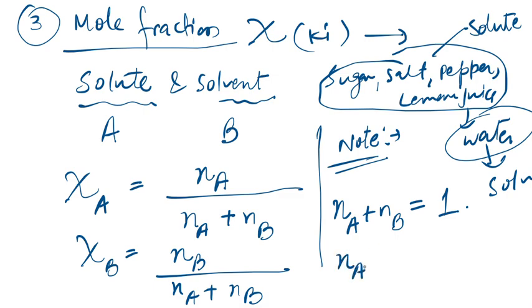Even if there are three components, Na plus Nb plus Nc plus so on, कितने भी component इसमें डाले हो आपने, कितने भी substances डाले हो, तो उनका sum हमेशा 1 ही आएगा approximately. It may be 0.99, that is again equal to 1 almost. So mole fraction is your third concentration term.